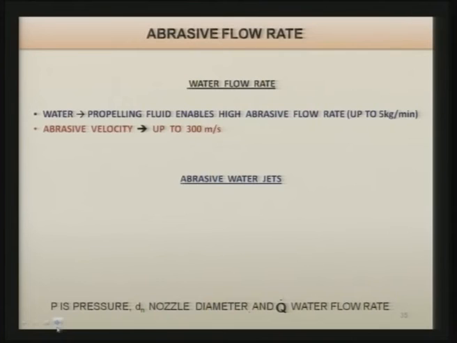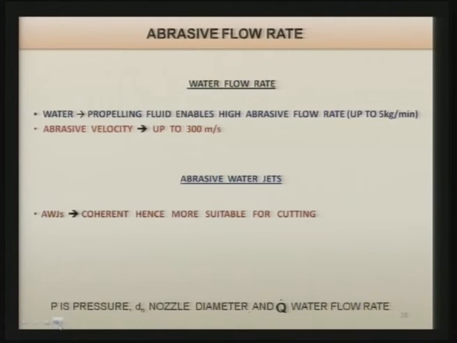Water flow rate. Water is the propelling fluid that enables high abrasive flow rate, and the flow rate you can have is as high as 5 kg per minute. Abrasive velocity normally is 300 meter per second.